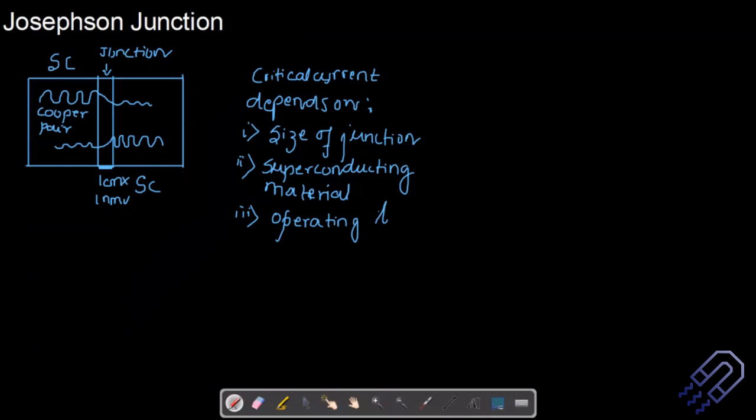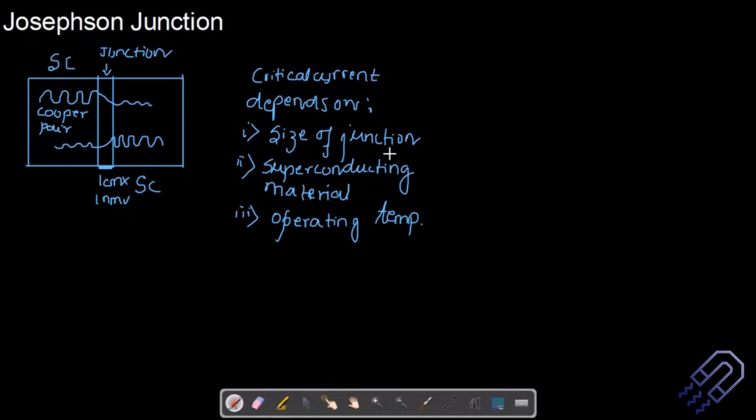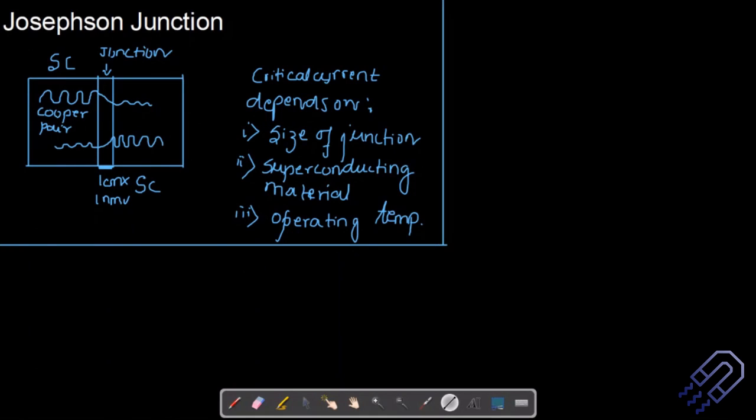Depending on the material, you will know what the temperature is, and based on this it will work. So this is what the Josephson junction current depends on. But let's see what exactly the Josephson effect is. You already have a brief idea, because I said that even if the superconductors are separated by an insulating part, they still have a current which flows.